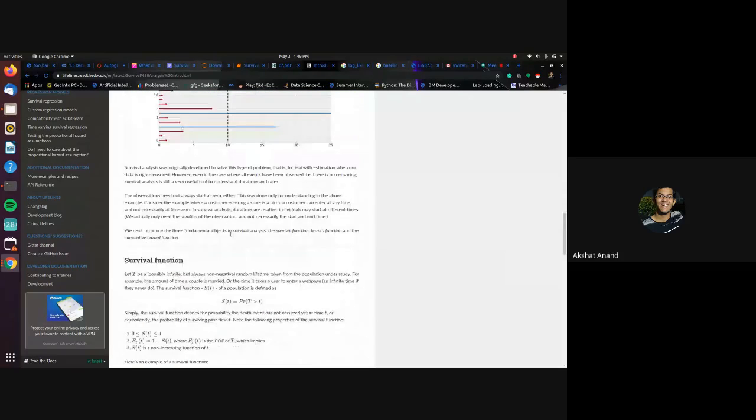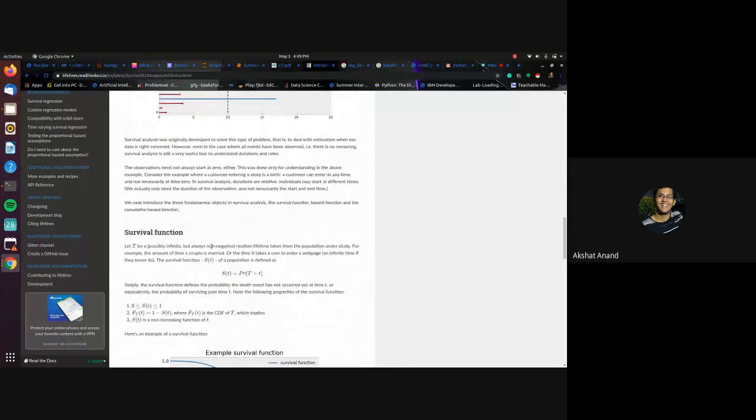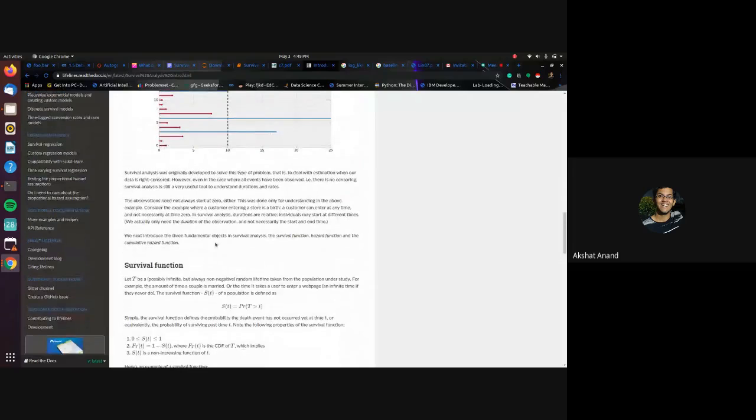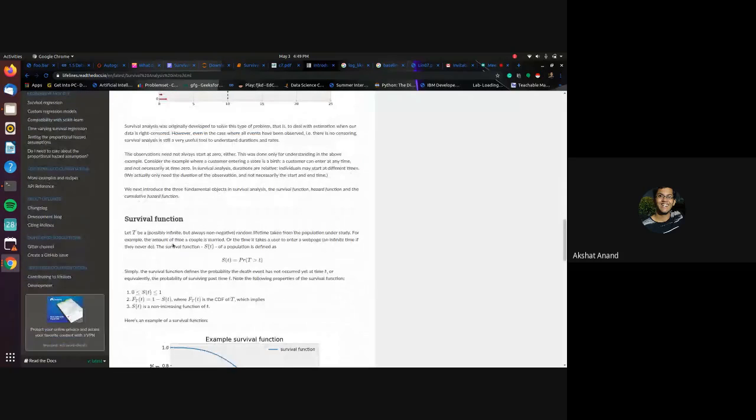And then we move on to the functions, the important functions for our models. First is the survival function. So what is the survival function? Let T be the time, and T can also be infinite. Infinite means we are not bothering about the time period, but it should also be non-negative.